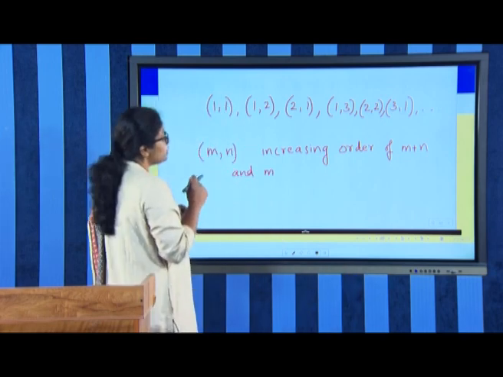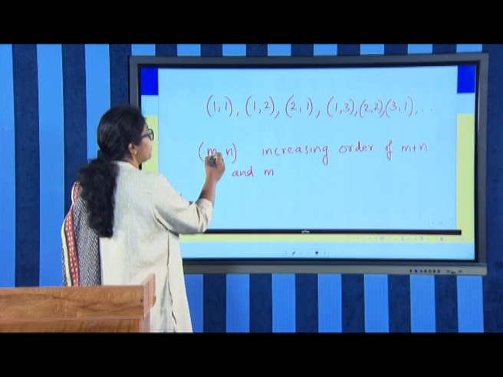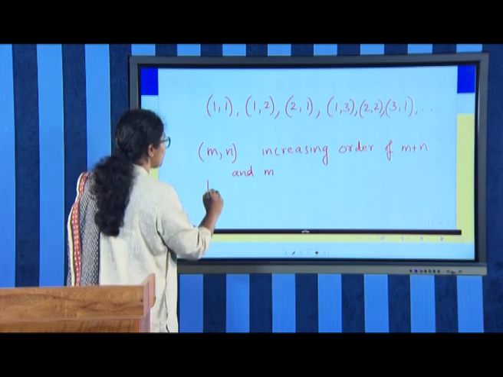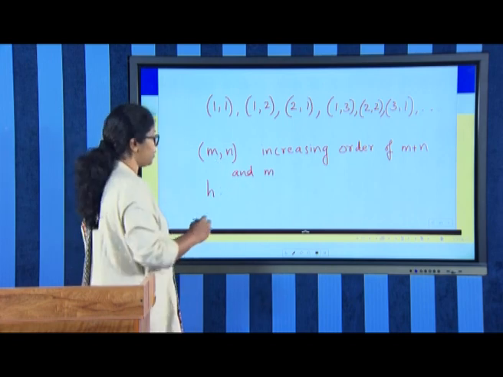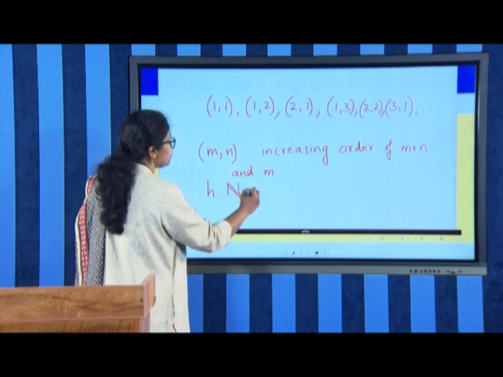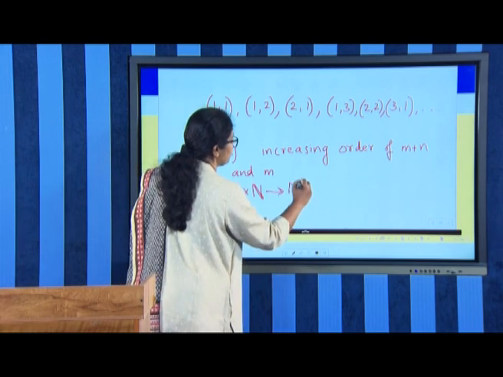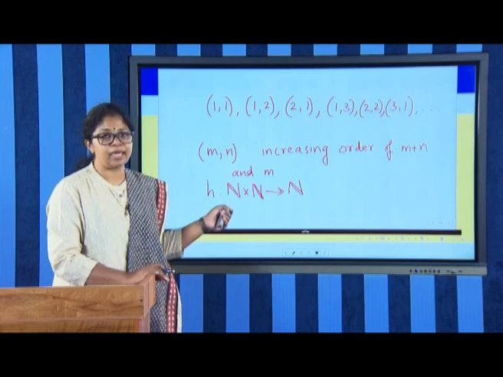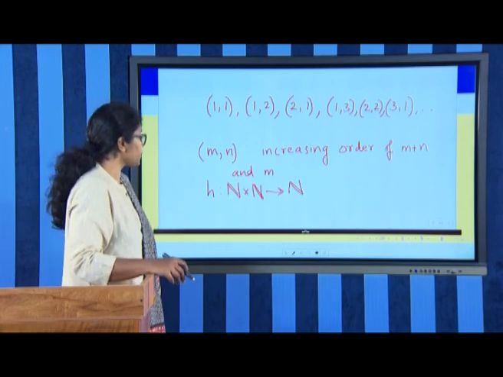Now, having a position for the ordered pair (m, n), how can we define a position function, say h, from N cross N onto the set of all natural numbers N, so that we can say the ordered pair (m, n) is in the first, second, third or whatever position it may be?